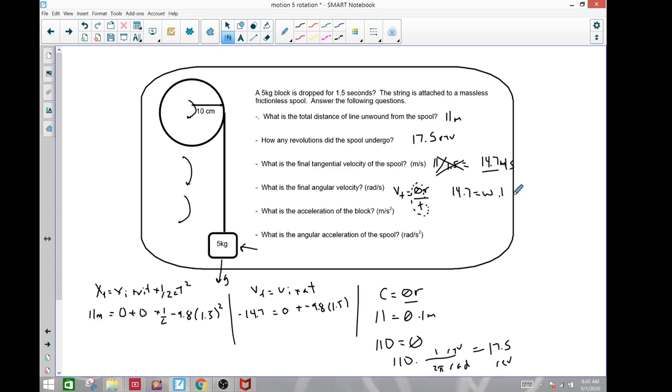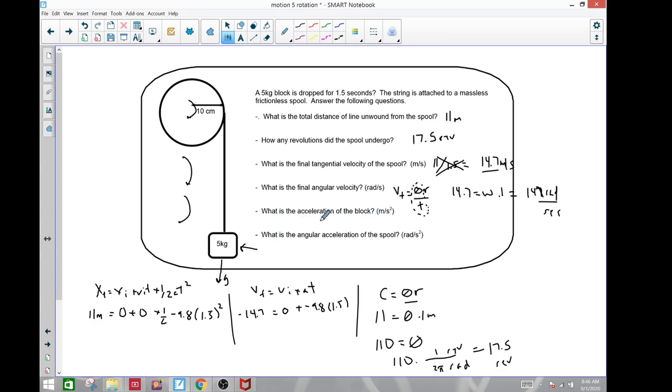So I have an angular velocity of 147 radians per second. This thing's spinning pretty quick at the end. Beginning, not so much. What's the acceleration of the block? The acceleration of the block is gravity.